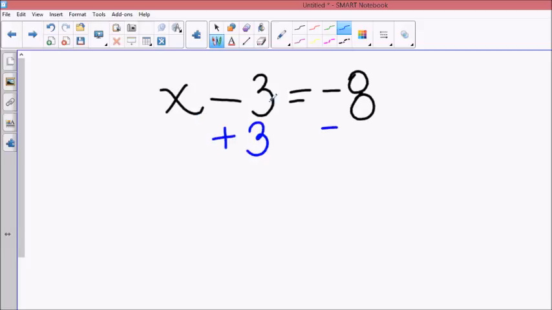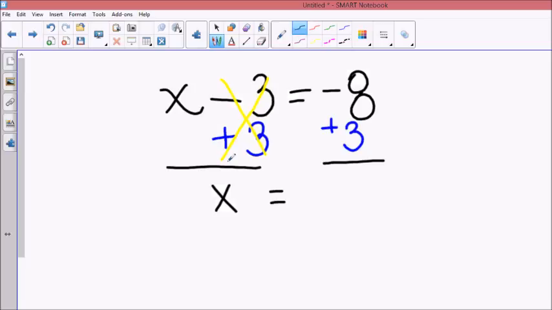Now again, I can't just do that to one side, that'll throw off the equal sign. So if I add the 3 to one side, I have to add it to both sides. On the left, -3 plus 3 is 0. There's our additive identity. And we're left with x is equal to -8 plus 3, which is -5.